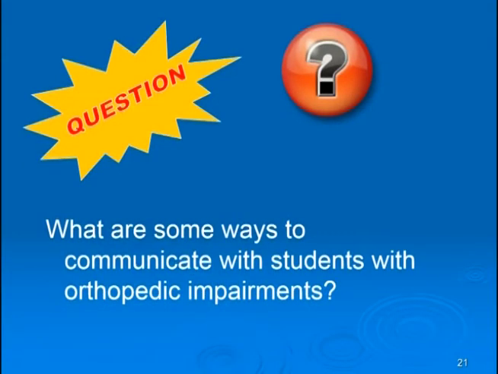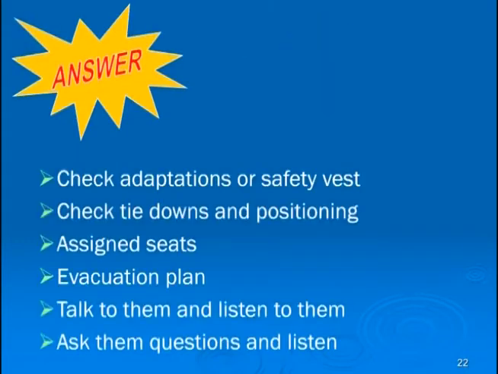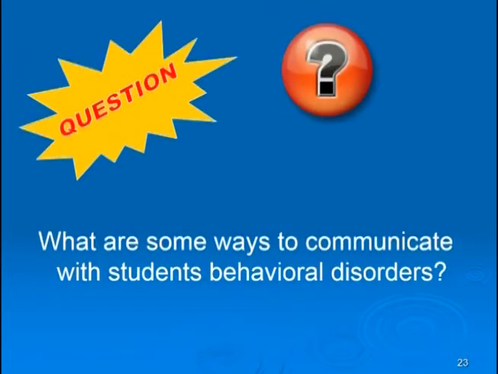Okay, some questions here. What are some ways to communicate with students with orthopedic impairments? For our answers, check adaptions or safety vests, check their tie downs and positioning, assign their seats, evacuation plan, talk to them and listen to them, ask them questions and listen. Next question, what are some ways to communicate with students with behavioral disorders?